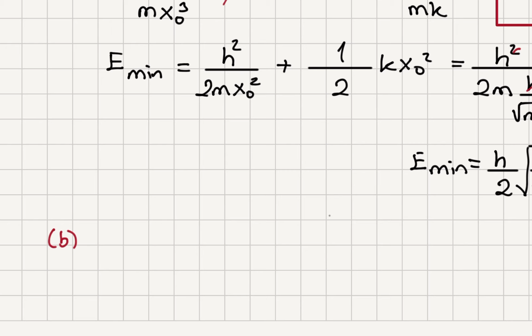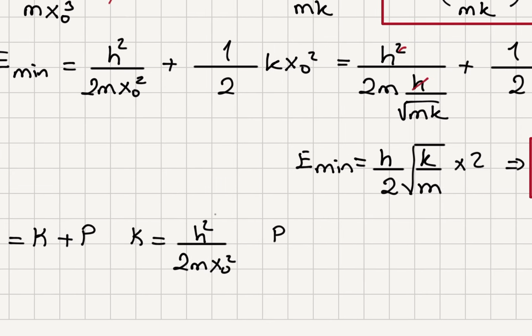Now, when it has this energy, what's the ratio of the kinetic energy to potential energy? The kinetic energy is h²/2mx0². Potential energy is 1/2 kx0².